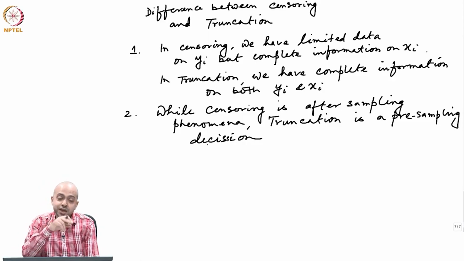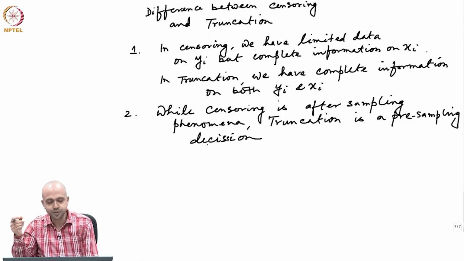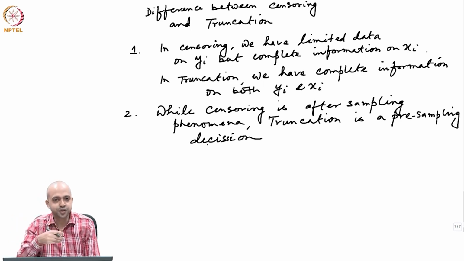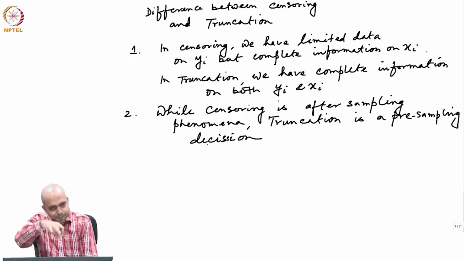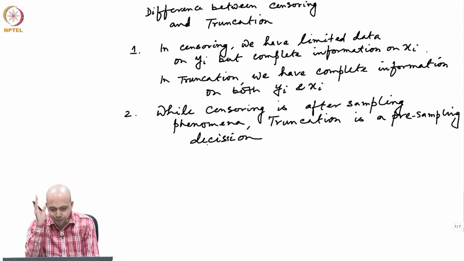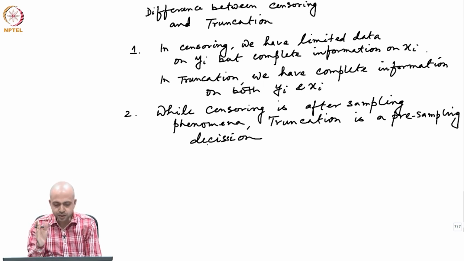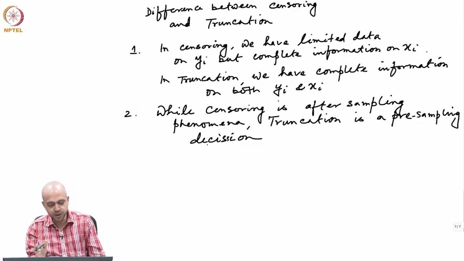But what was happening in case of censoring? I am going and asking each and every individual, what is your expenditure for automobile, and you will respond either with actual expenditure or zero value. After collecting the sample, I will now put a censoring on 0. I will say that these are the samples with 0 expenditure, and then I will estimate the Tobit model.